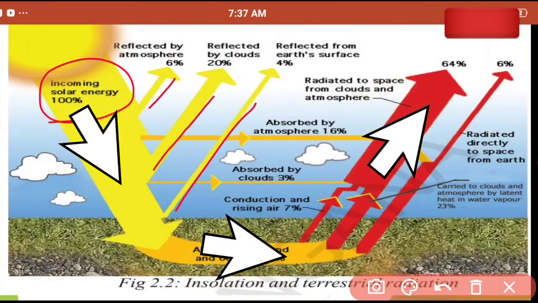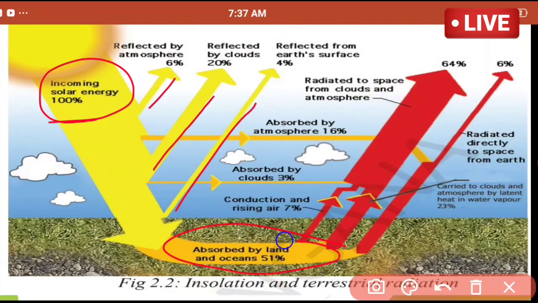And over a very short distance some rays are received on the surface of the earth. 51% we are receiving from the sun. So where the rays fall over a shorter distance, that is in the equatorial zone, there is warm, hot temperature, whereas in the polar regions we receive lower temperatures, right? That is the point given here in your textbook also: thus it will get warmer on the equator than near the poles.